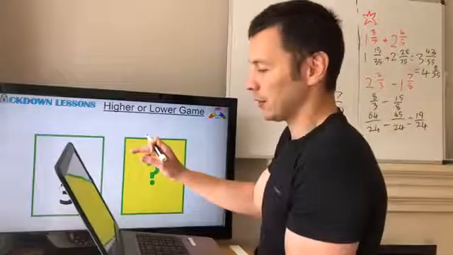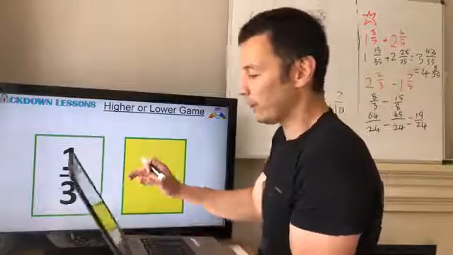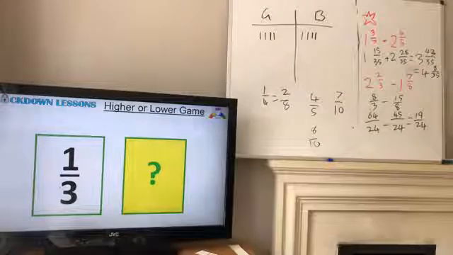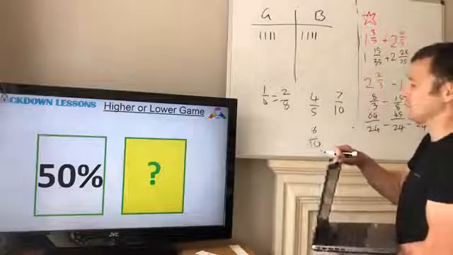Higher or lower than 1/3? Okay, still waiting. Higher from the boys, we're going higher for the win. 50%, which is a half, that is higher than 1/3.